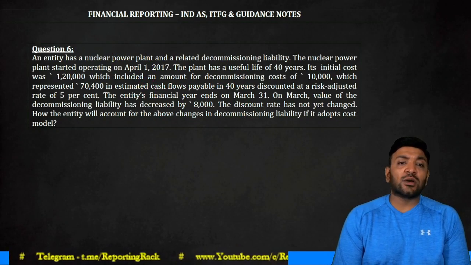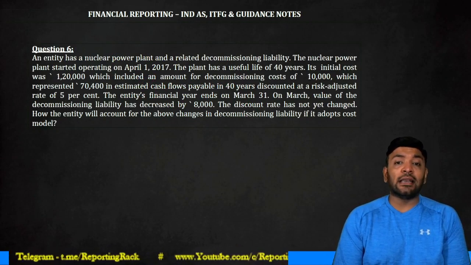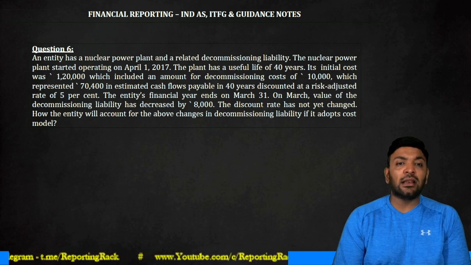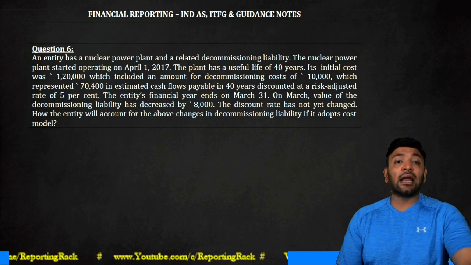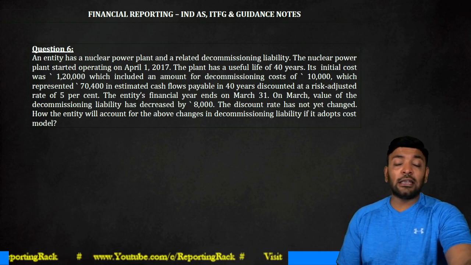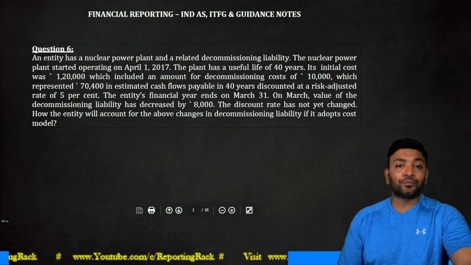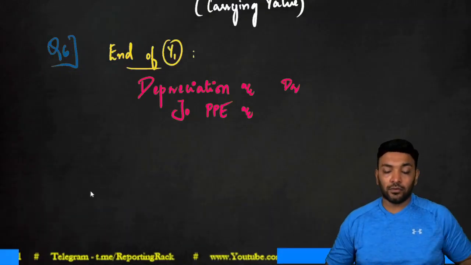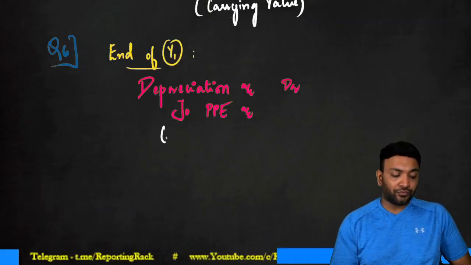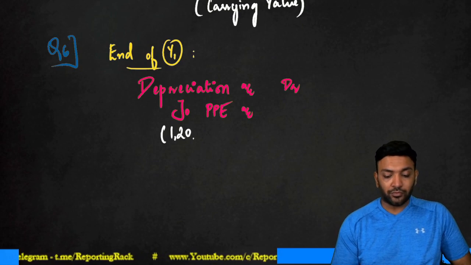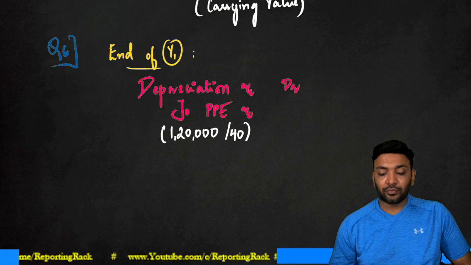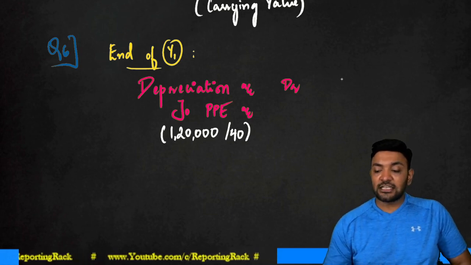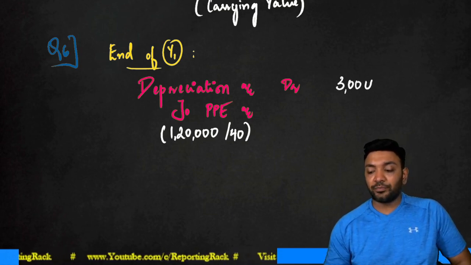The initial cost was 1,20,000, which included a decommissioning liability of 10,000, and it had a useful life of 40 years. So 1,20,000 divided by 40 is what we are looking at. This is nothing but 3,000.